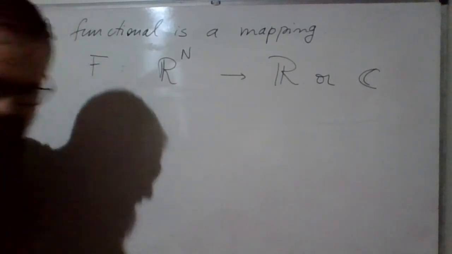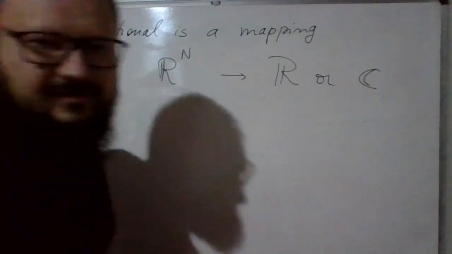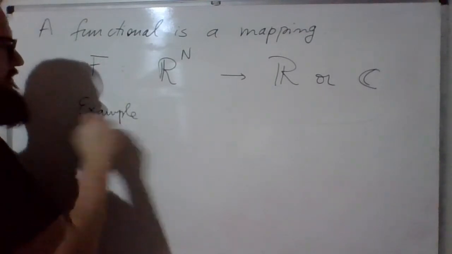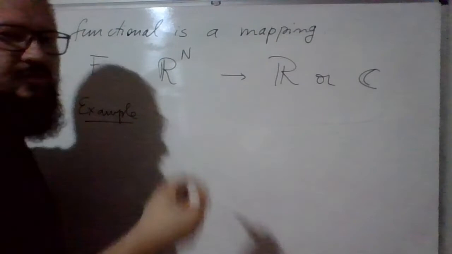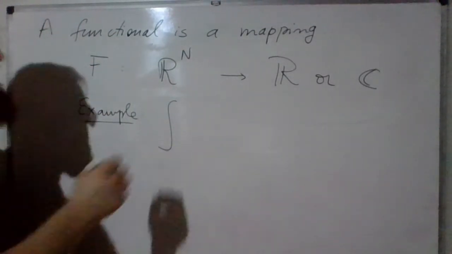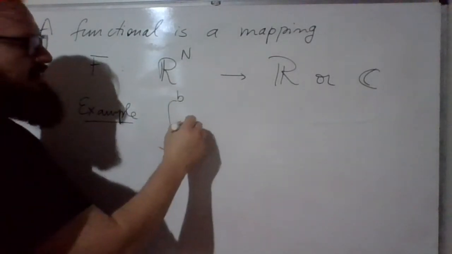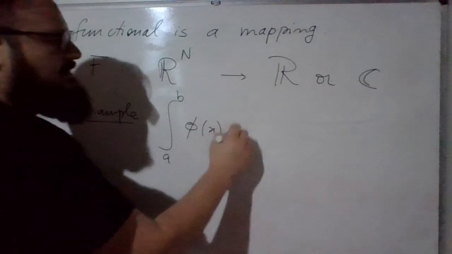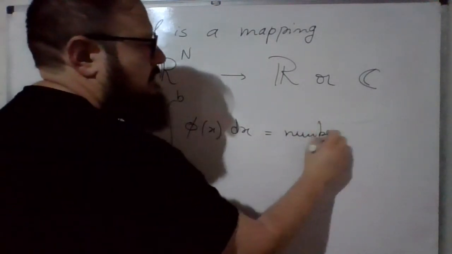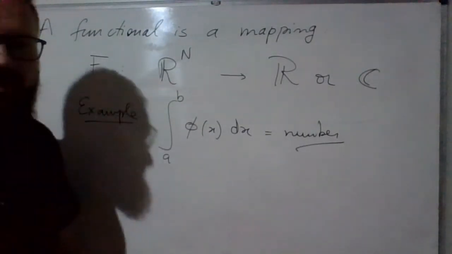So a typical example of a functional: if you pick up an integral over some interval a to b of a function phi of x dx, it gives you a number. Okay, so a definite integral is a functional.